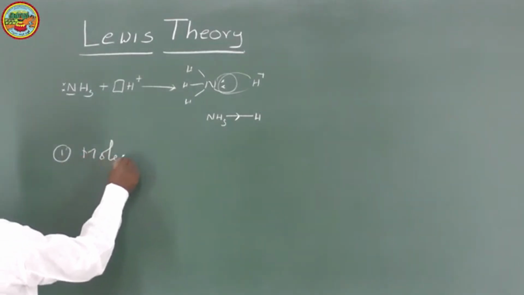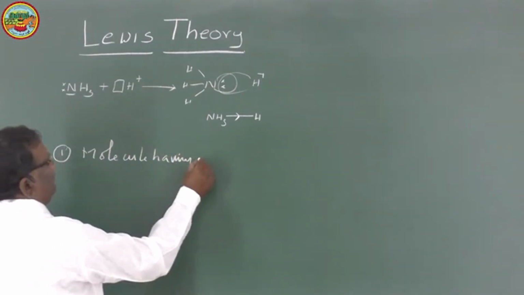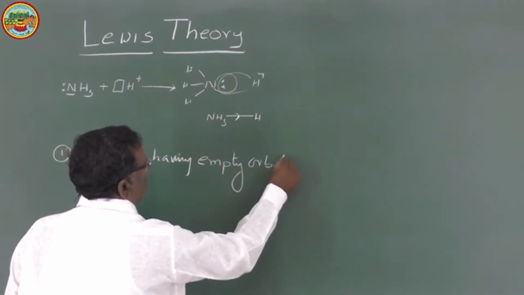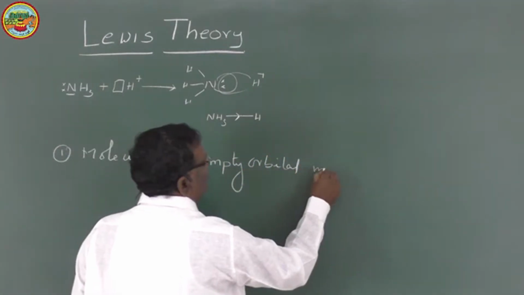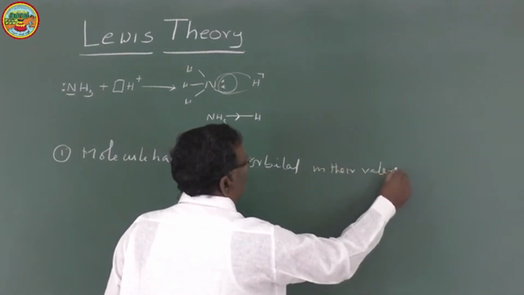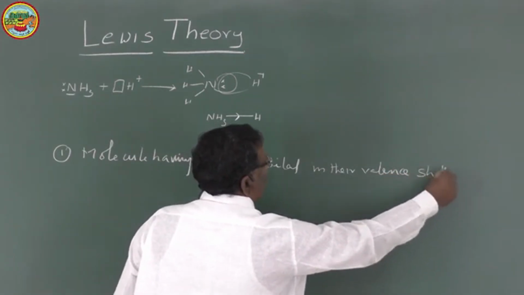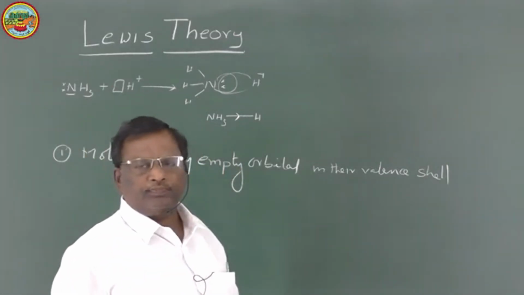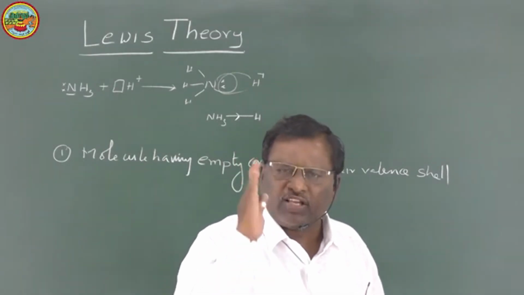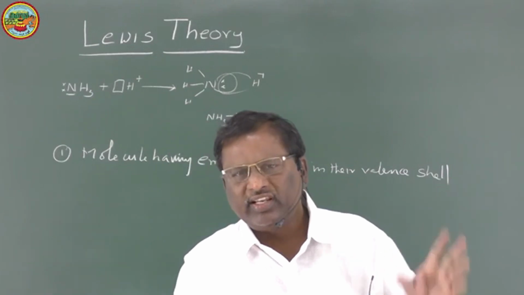molecules having empty orbital in their valency shell. Those molecules which have an empty orbital in the valency shell of their central atom are considered as acids according to Lewis theory.